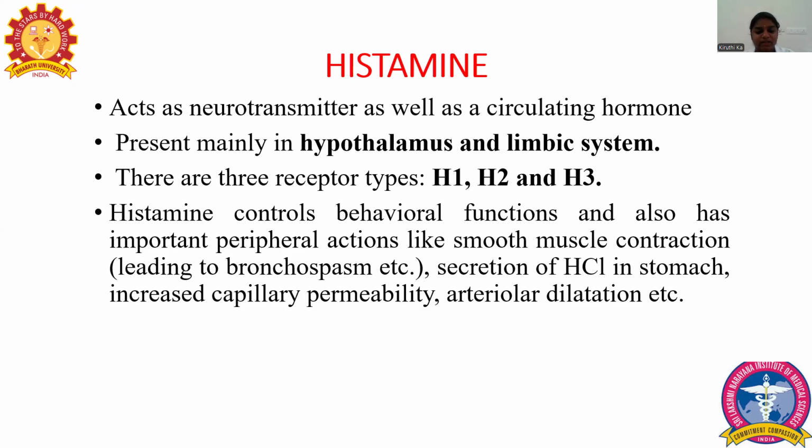Histamine has three receptors: H1, H2, and H3. These control behavioral functions and also important peripheral actions like smooth muscle contraction, secretion of HCl in the stomach, increased capillary permeability, and arteriolar dilatation, etc. Smooth muscle contraction, for example, leads to bronchospasm.